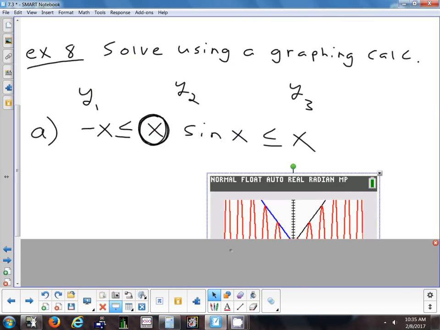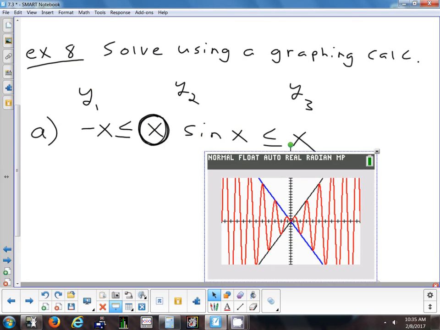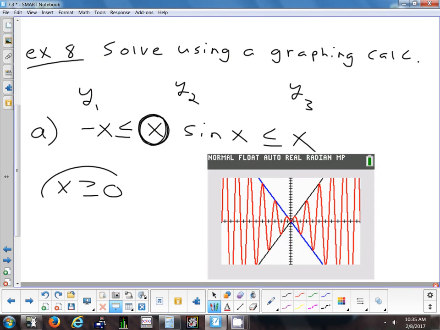Everything from 0 on. It's above the blue, but it's below the black. Everything from 0 on. Okay, so that's a double inequality.